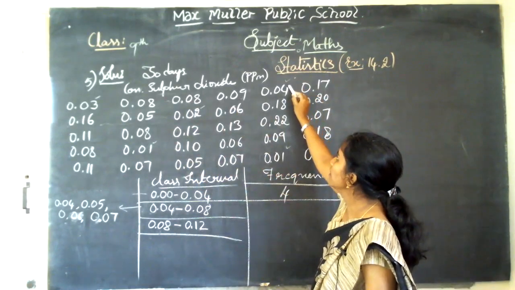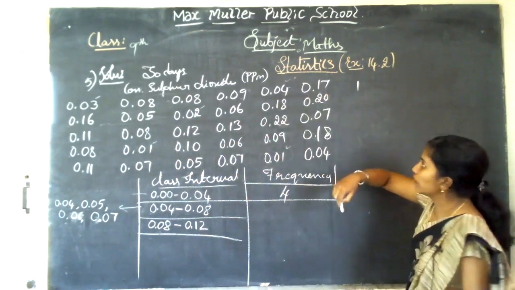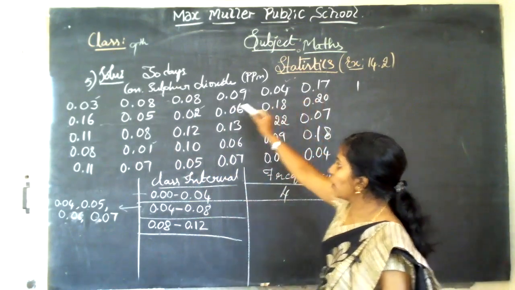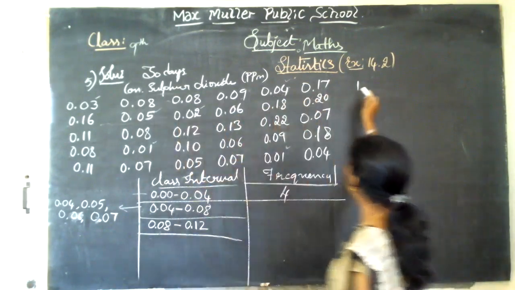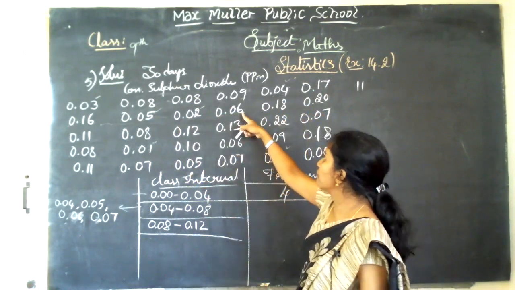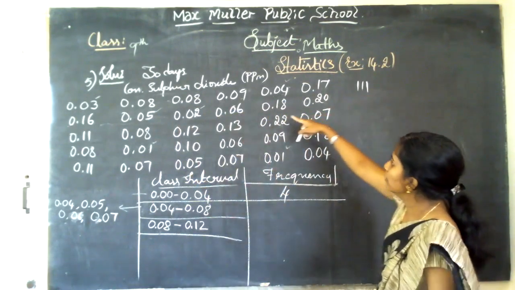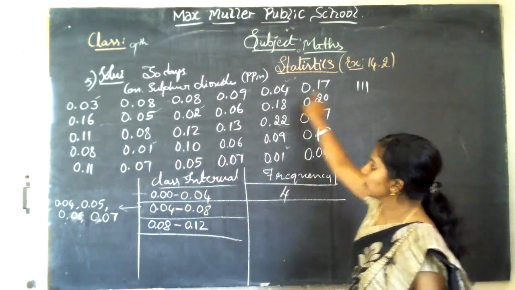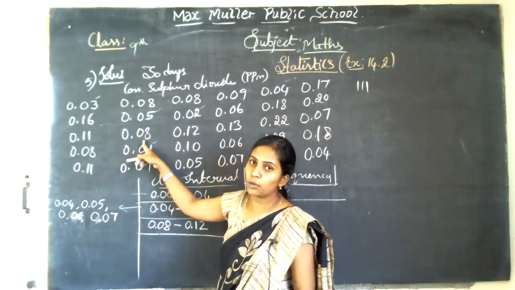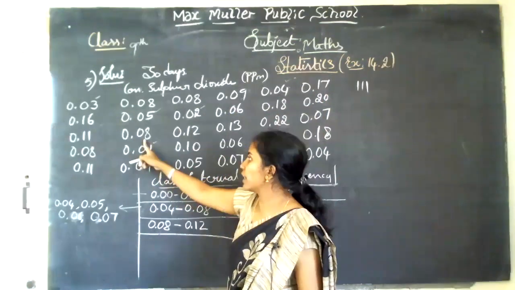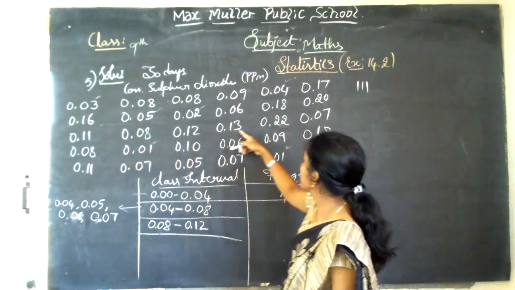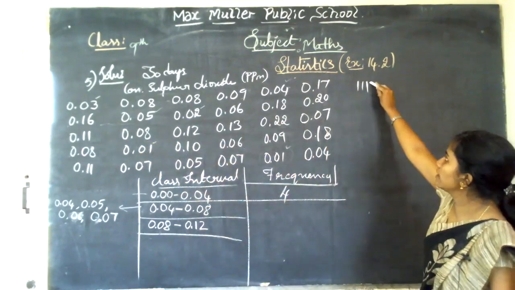Here I have got one. Next 0.05, here I have got one more. 0.06, here I have got one more. Next row, 0.08, don't take it as I told. It is equal to 0.08. You have to take less than 0.08. So move to the next, 0.07, you can take it.